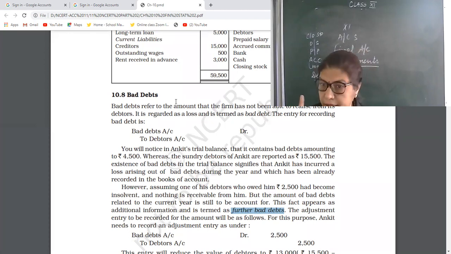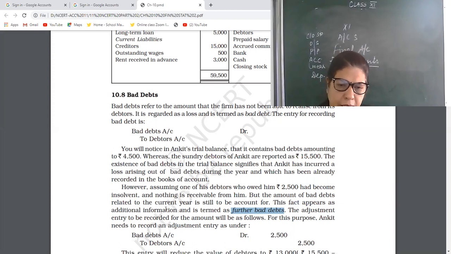It is regarded as a loss. The entry is bad debts account debit to debtors account, because this is the bad debt which is irrecoverable and known by the firm at the end of the accounting period, and that's why it is given in the adjustment and termed as further bad debts.